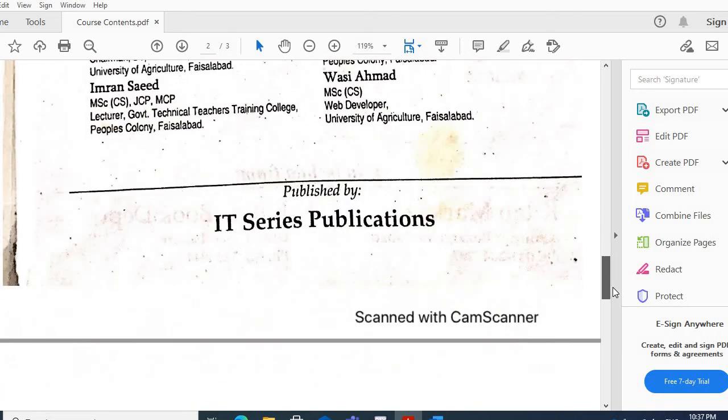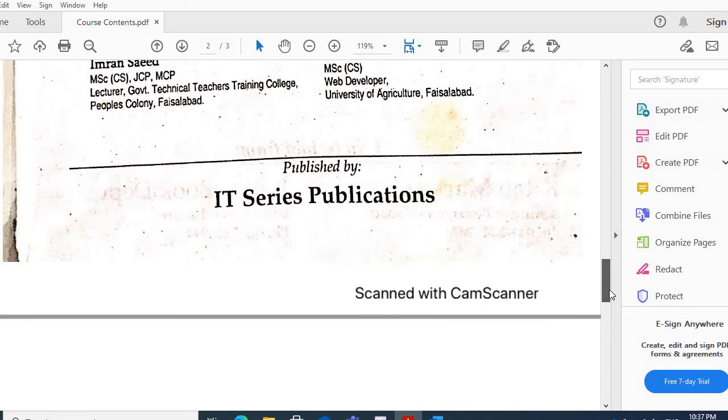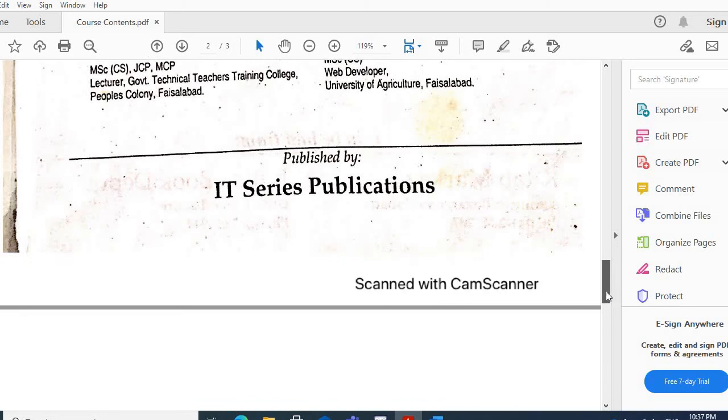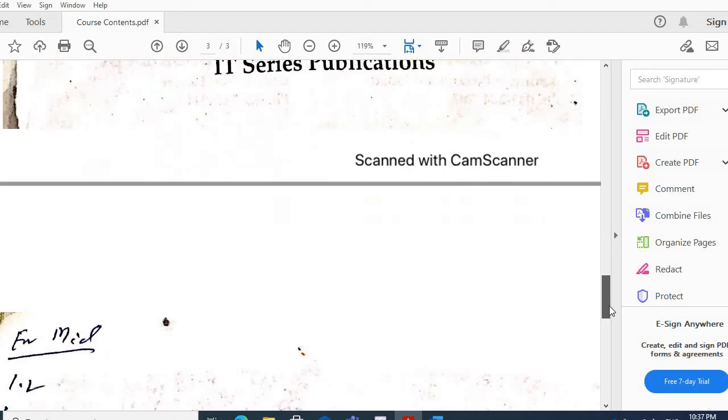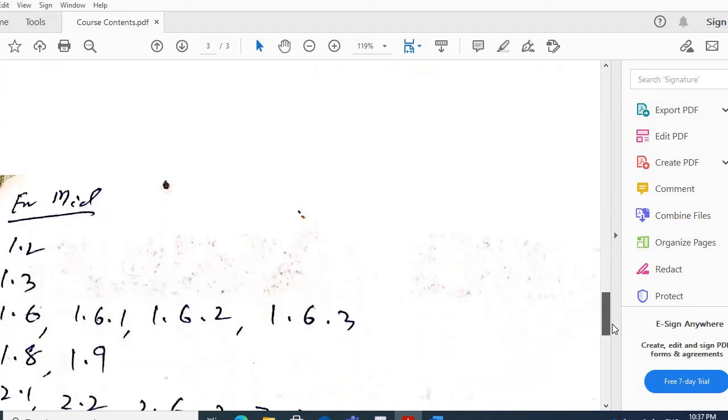The detail of the articles or content included in this course is given below.